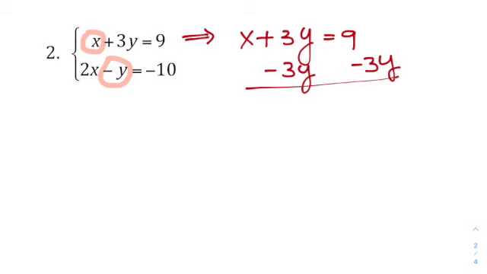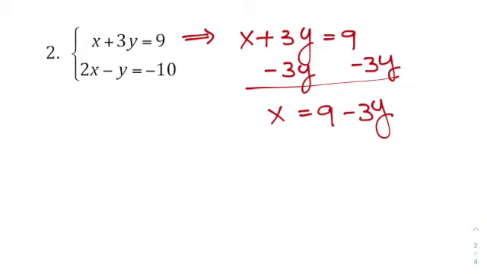So x is going to equal 9 minus 3y. Alright, so now we know x equals 9 minus 3y. What we're going to do is plug into the second equation. If you used the first one to change the form, you cannot plug into the first one.